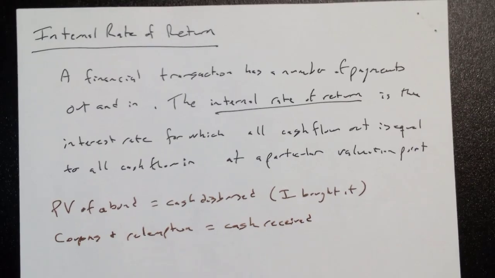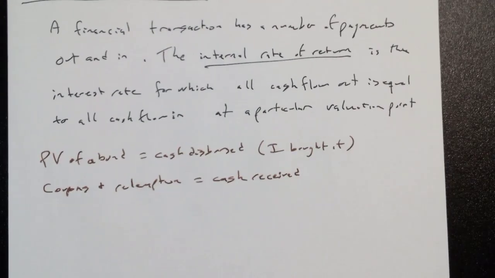And the formula we worked out for the present value of a bond is exactly the valuation at today for a given yield and a given coupon rate. And that yield rate was our internal rate of return. I can think of a loan the same way, or an investment.